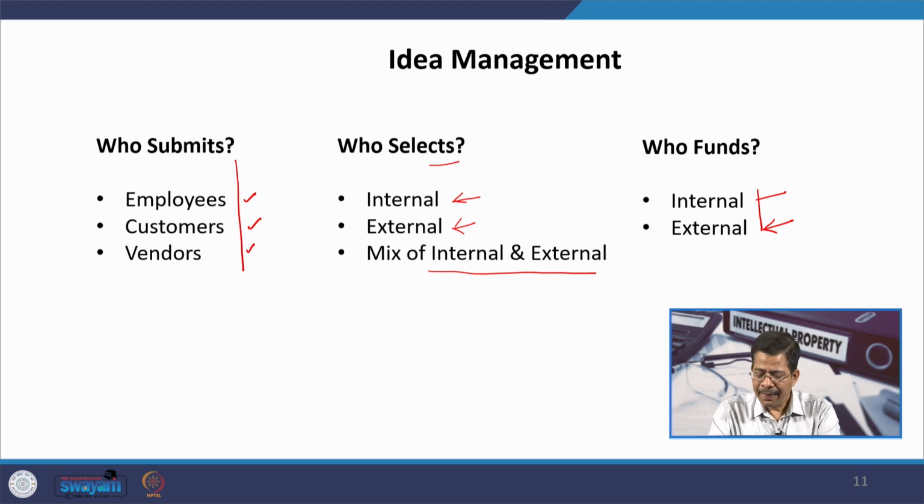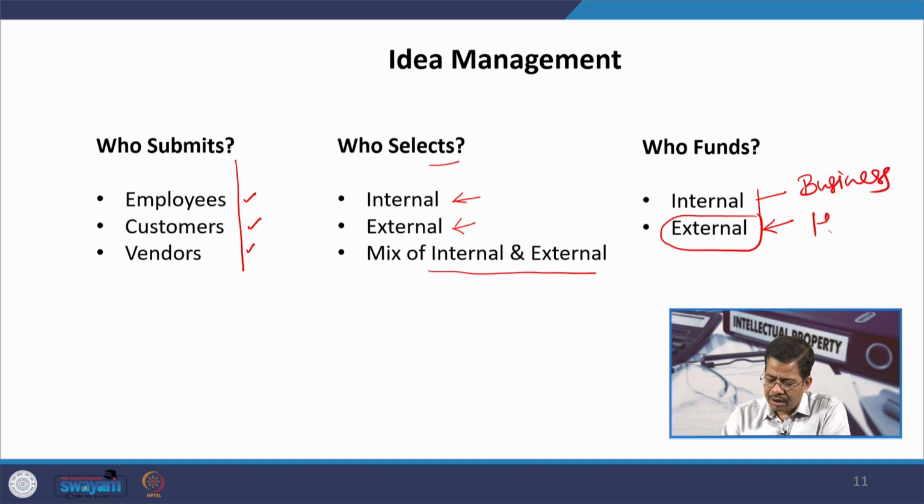If I say in the educational institutions, it is generally external funding we need to have for our ideas, while for a business organization, it can be the internal funding which is there for improving the idea so that it becomes an important IP asset. So, these are various elements of my idea management activity.